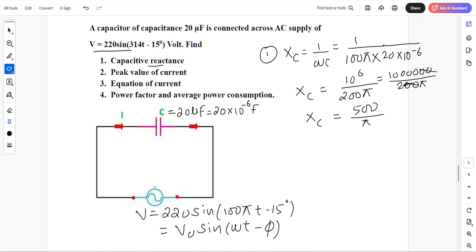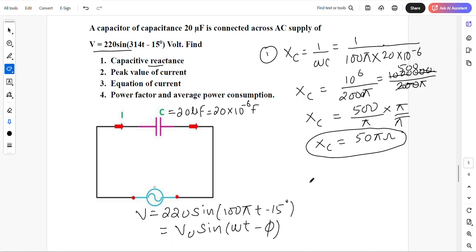This is 10 to the power of 6 by 2000, 3 zeros get cancelled. We get 500 by pi. Now simplify this. Multiply and divide by pi. Therefore, Xc is equal to how much? Pi square is how much? 10. That is 50 pi ohm. This we have seen in the previous problem. Xc is equal to 50 pi ohm.